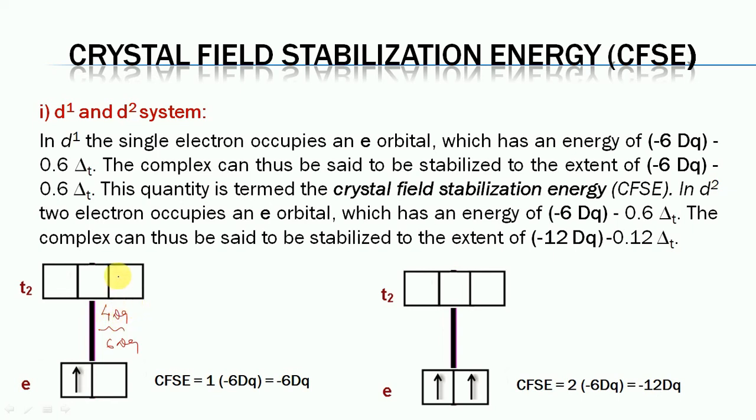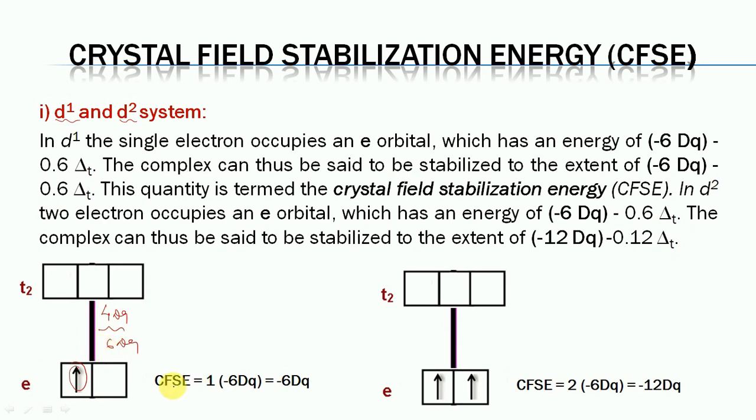So let us calculate the crystal field stabilization energy in the case of d1 and d2 systems. In the case of the d1 system, the single electron will occupy an e orbital, which has the lower energy corresponding to minus 6 Dq.